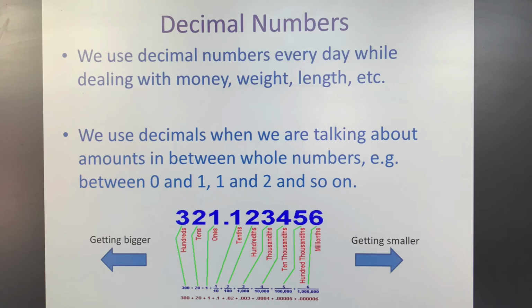And the next digit, the second digit after the decimal point, relates to hundredths, and so on and so on. And as the digits go further away from the decimal point on the right hand side, the value is getting smaller and smaller. But as the digits go further away from the decimal point on the left hand side, they start getting larger. The value of the amount gets larger.